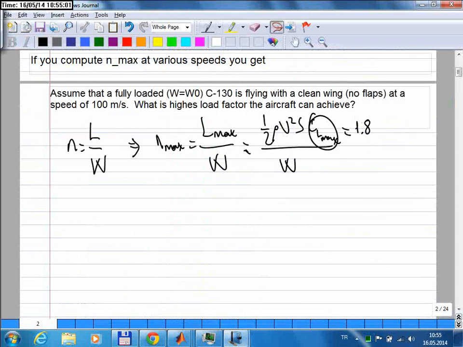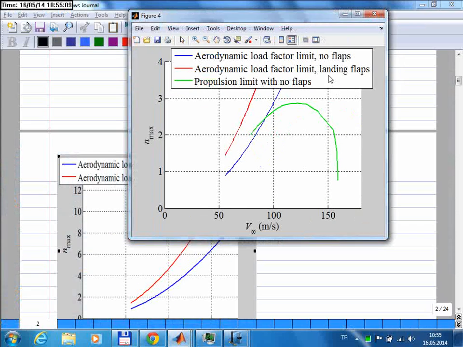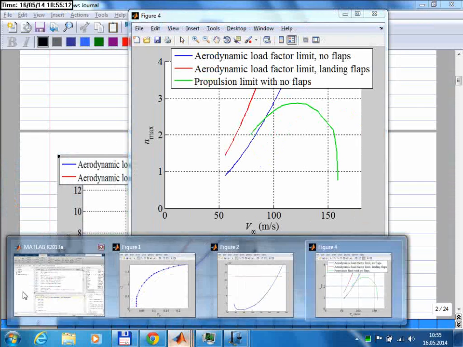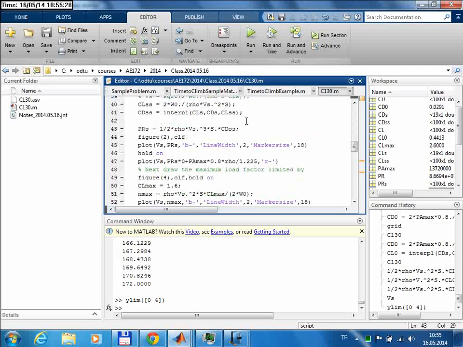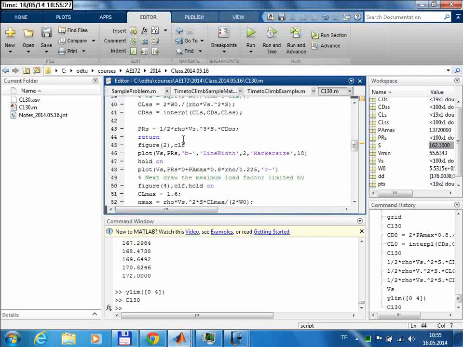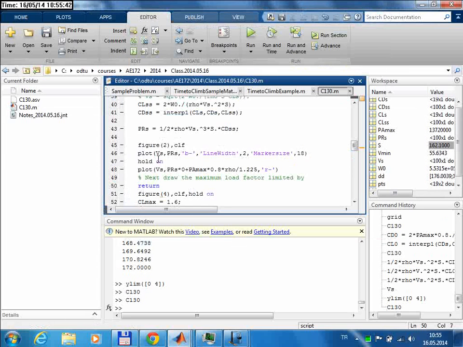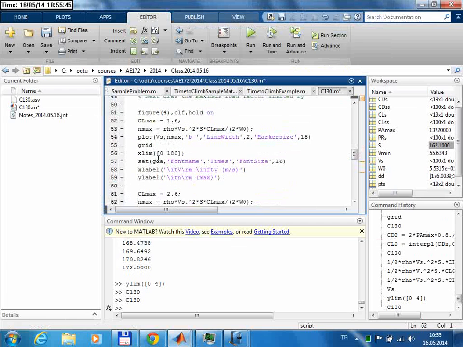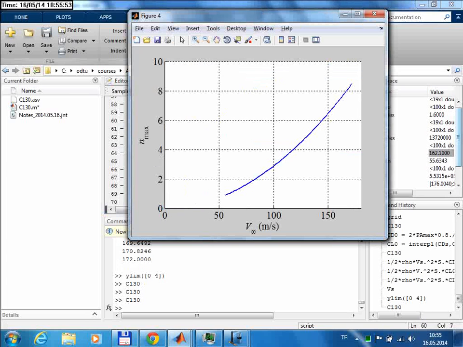So from here you get a number, and that number, okay, so I was trying to get to this one.